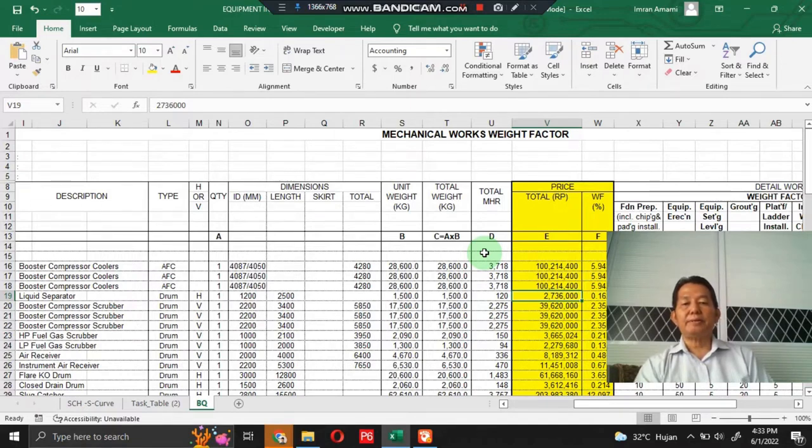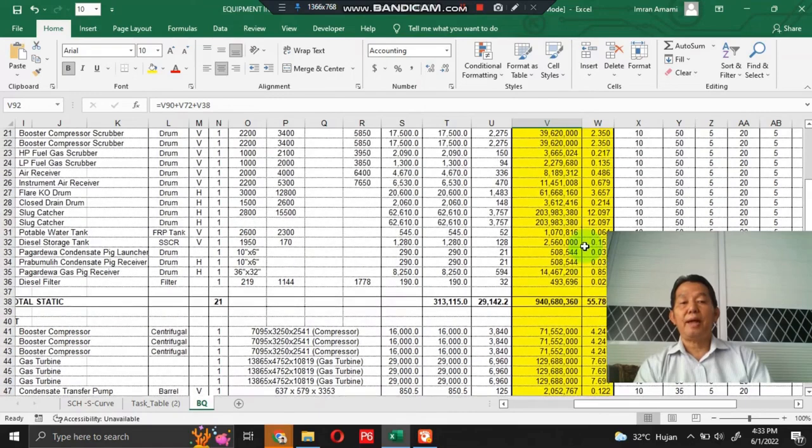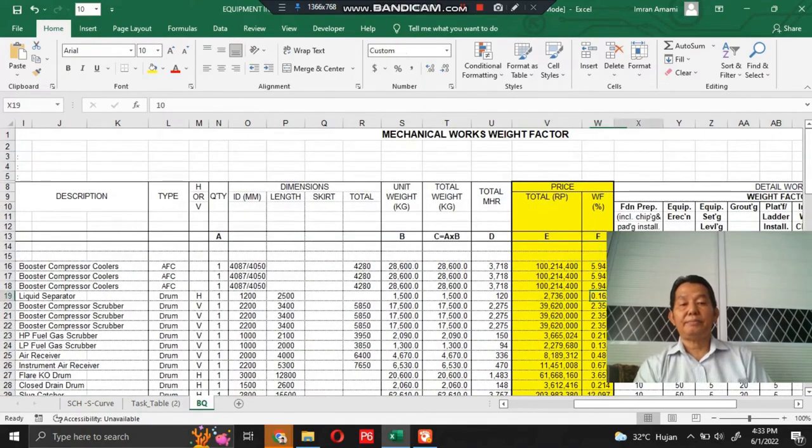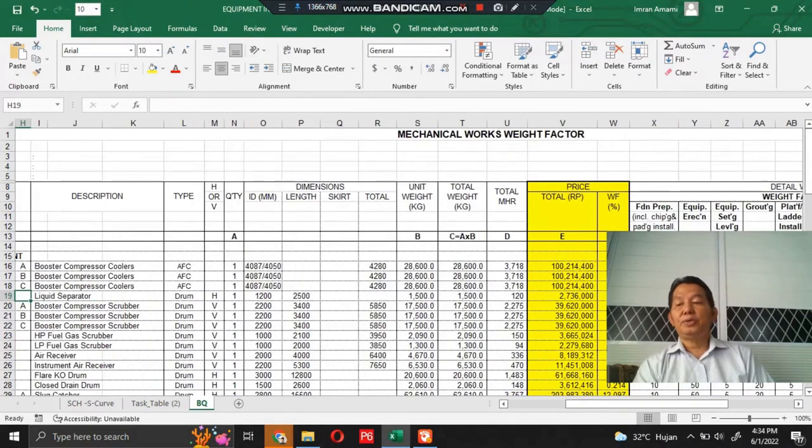To get the weight factor based on contract, we divide the total contract price for liquid separator by the total contract price in the cell V92, then multiply by 100, and we get the weight factor based on contract for the work item liquid separator.